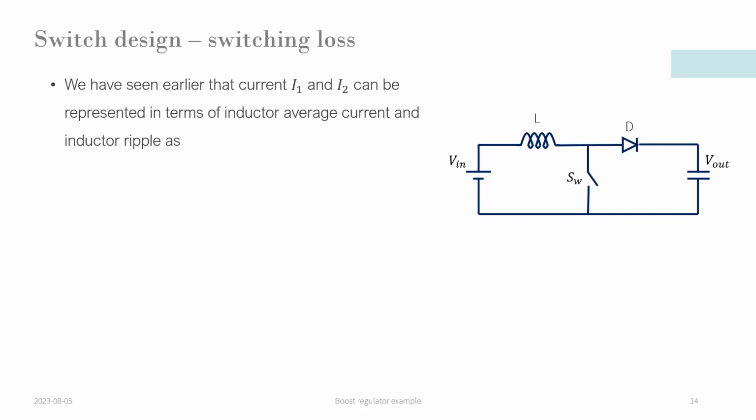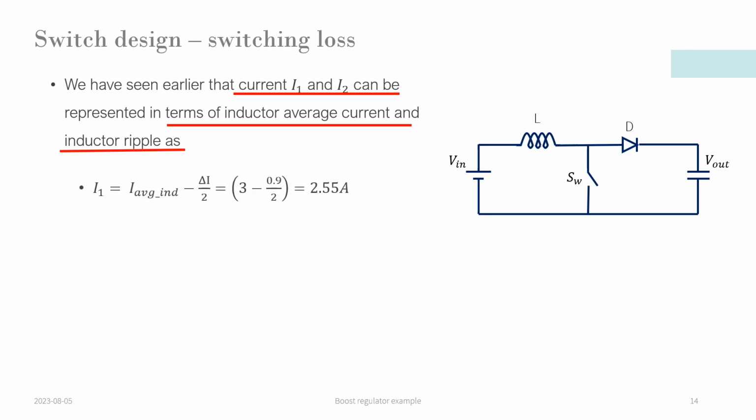From our previous videos, we have seen that current I1 and I2 is represented in terms of average inductor and ripple current. Let us substitute all the known values to get I1 as 2.55 amps and I2 as 3.45 amps.